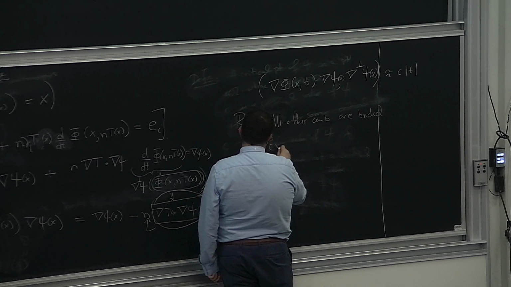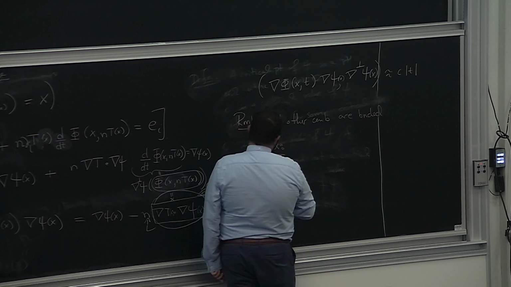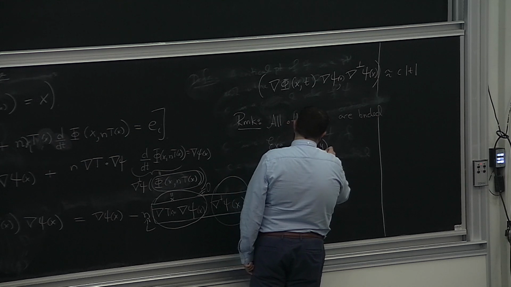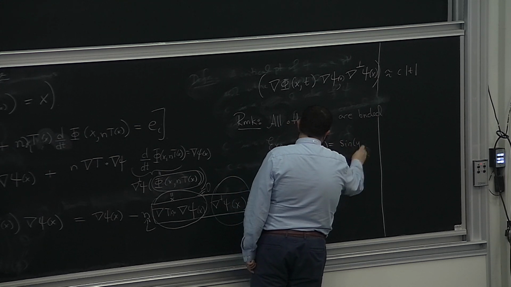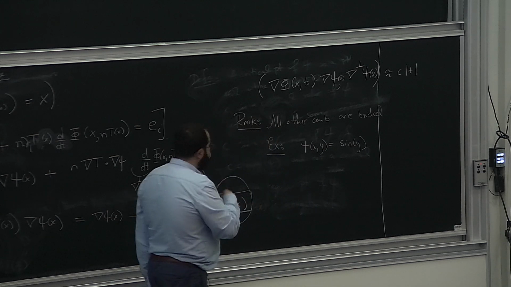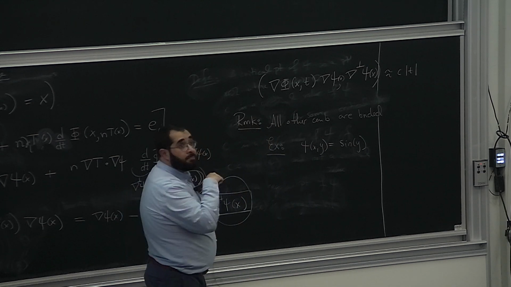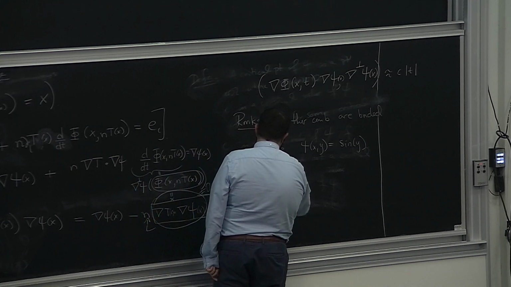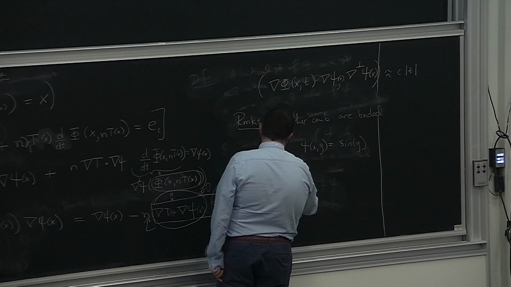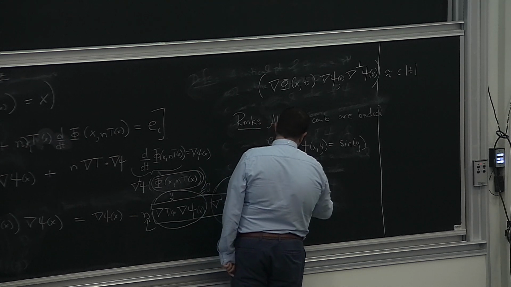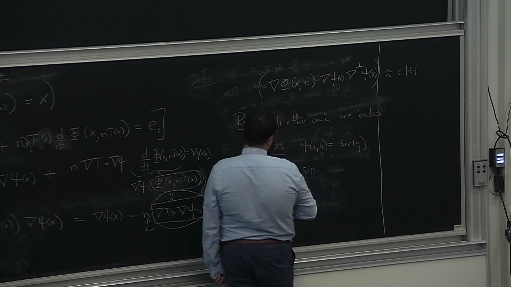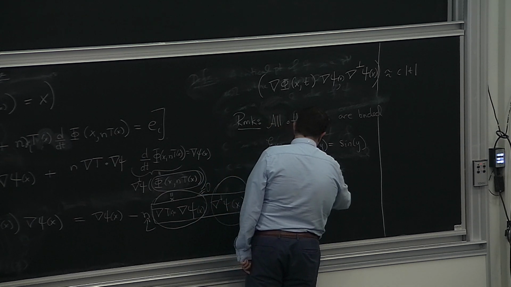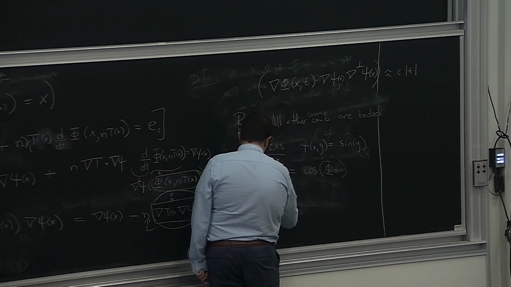So if you look at examples of a shear flow, so if you just look at something like sine of y, cosine of phi 2, dot.